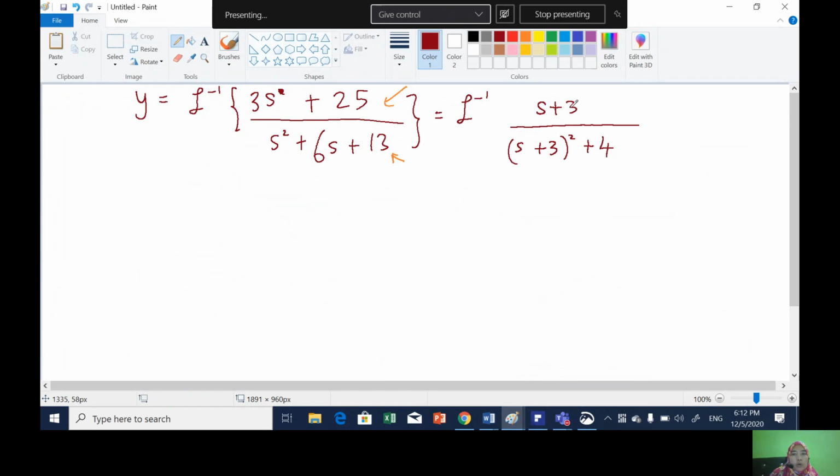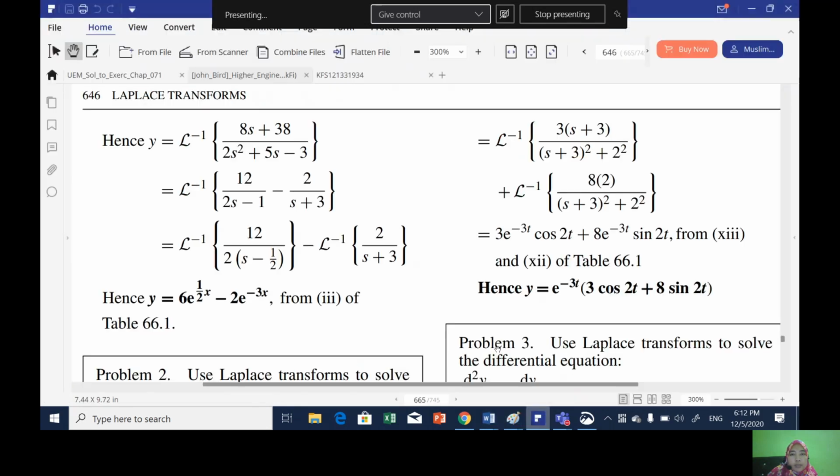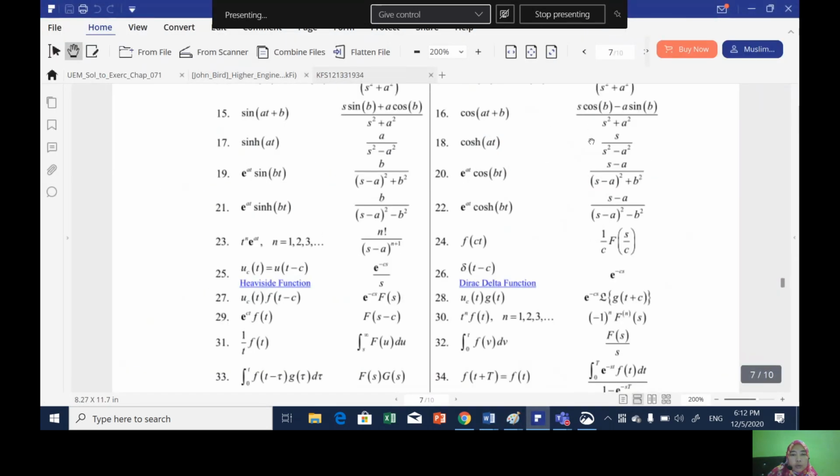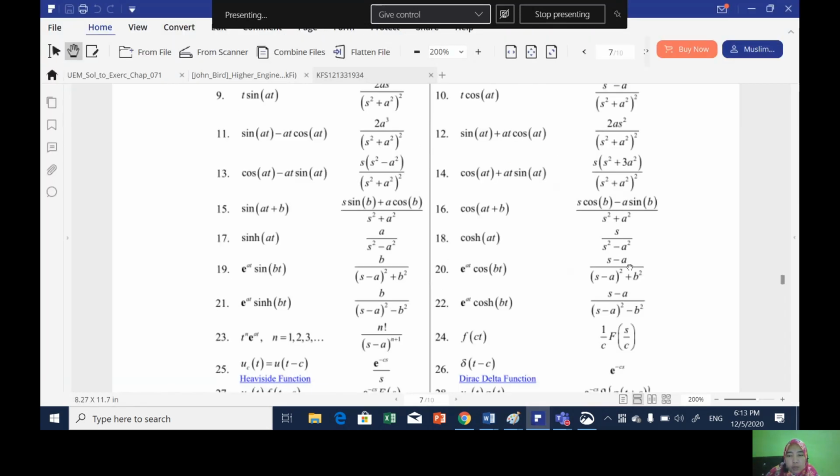If you're already familiar with the Laplace table, you can check that when the numerator and denominator have the same factor, in the Laplace table we can use the one containing, probably number 20. It looks similar to this one, number 20.